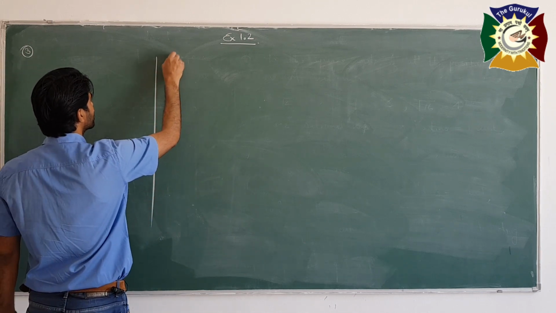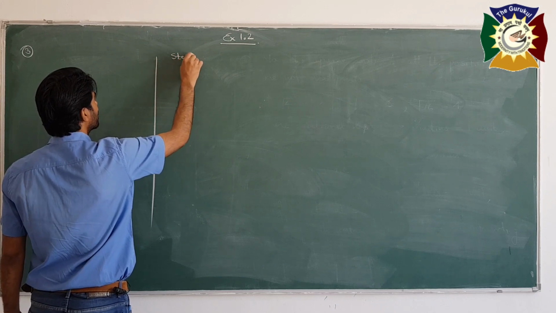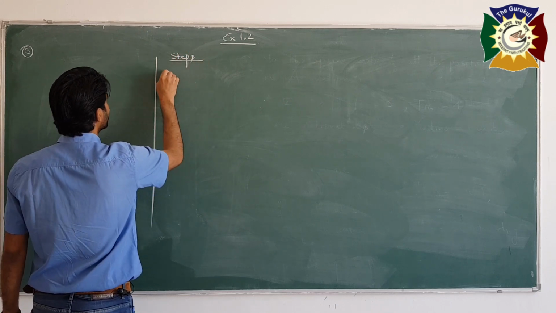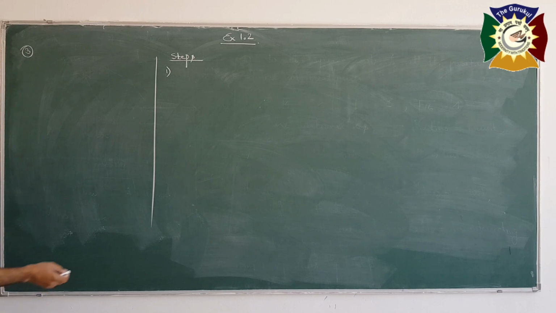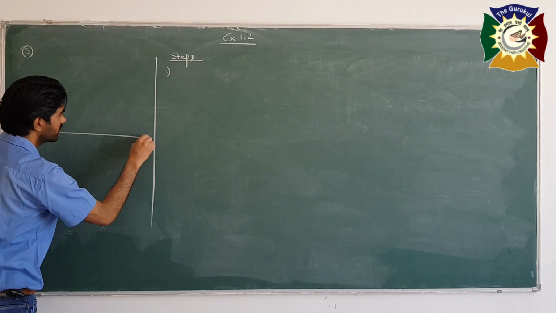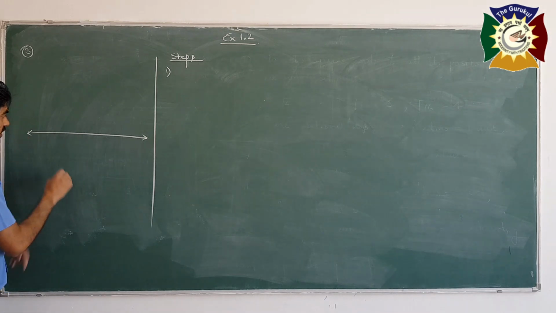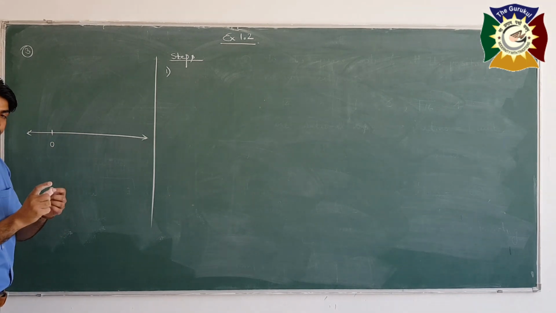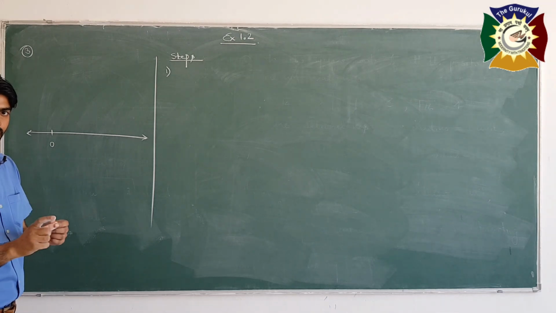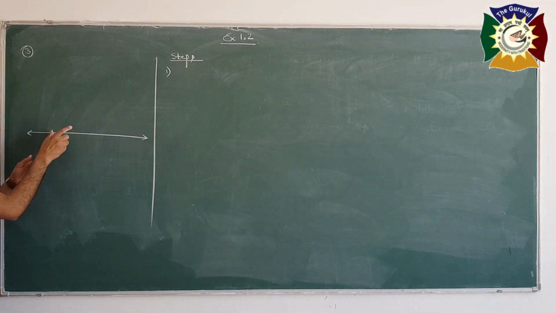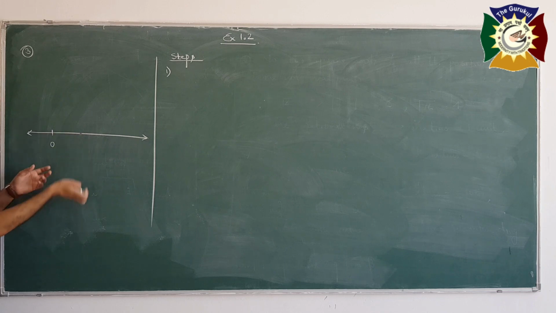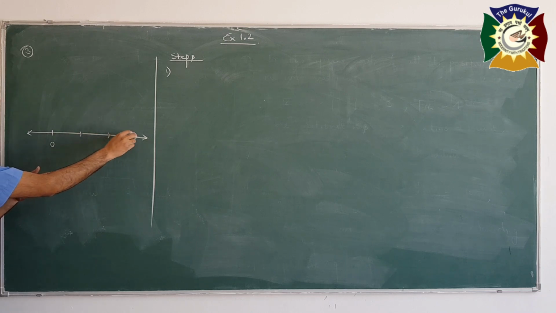So the steps I am going to write here. First step, we will draw a number line. The best method to draw a number line: just draw a straight line, mark your 0 and open the compass as much as you want. Keep the compass on 0 and keep on cutting the number line, then again this, then again this.